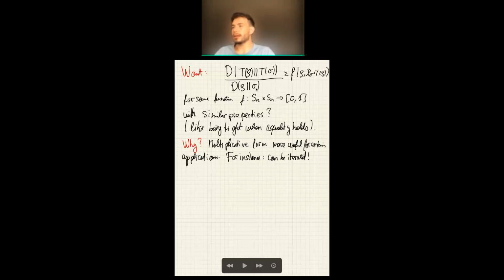So you want to get, this should be an inequality in the other direction, sorry. You want to upper bound this ratio in terms of properties of the recovery map.